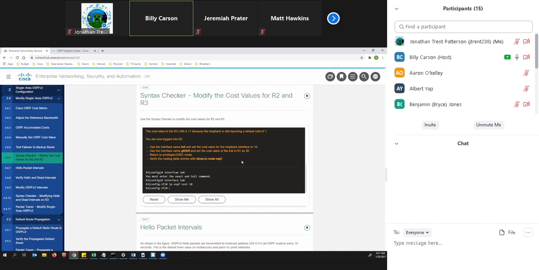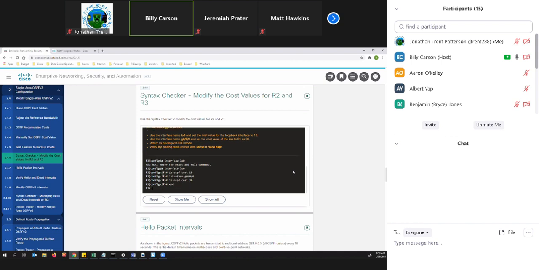All right. And then it wants us to go to interface name G0/0/0 and set the cost value of the link to R1 to 30. So interface G0/0/0, ip ospf cost 30. Okay, and what's the last thing? Return to privilege exec mode and verify the routing table entries.